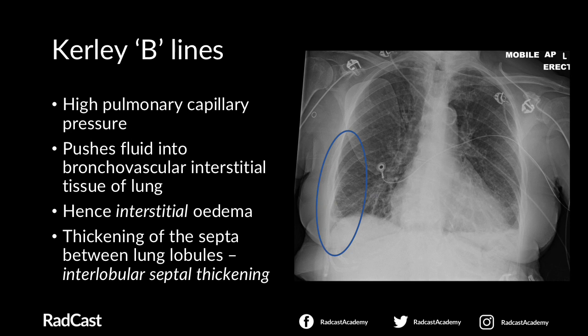Next, we'll move on to the Kerley B lines. So, our increased pulmonary venous pressure from our heart failure has now translated further back from the pulmonary veins to the pulmonary capillaries. And this is really where the resultant increased hydrostatic pressure translates into fluid leakage. So it can now no longer stay within these vessels, and it leaks out into the lung interstitial tissue between the pulmonary vessels and the alveoli.